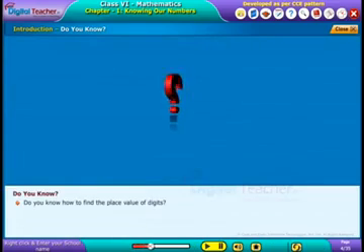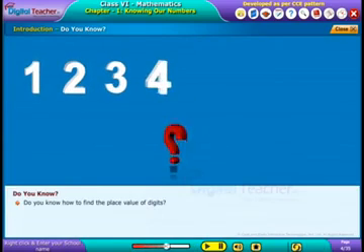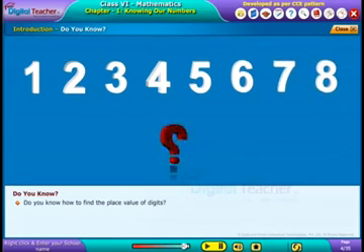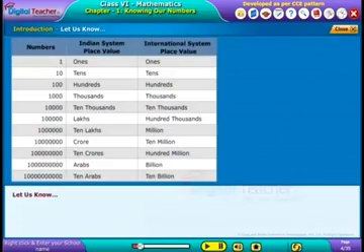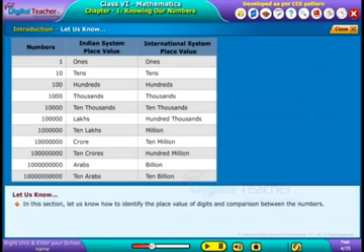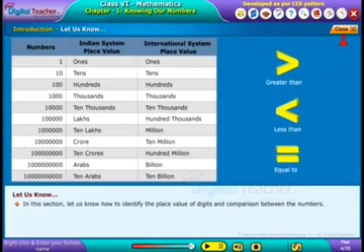Do you know how to find the place value of digits? In this section, let us know how to identify the place value of digits and comparison between the numbers.